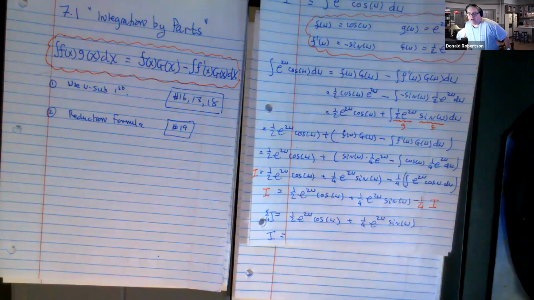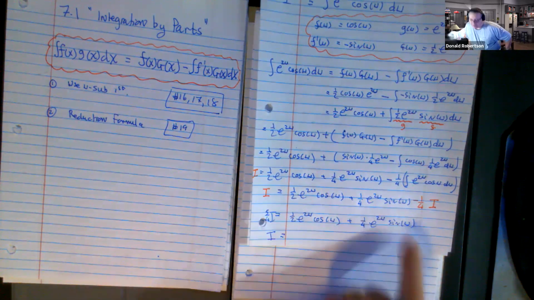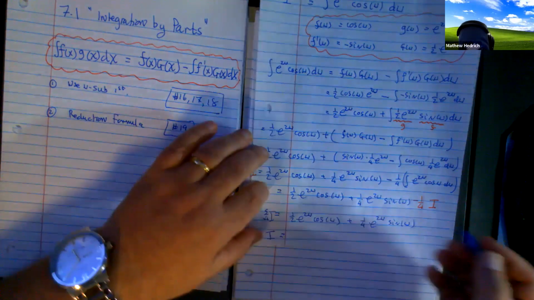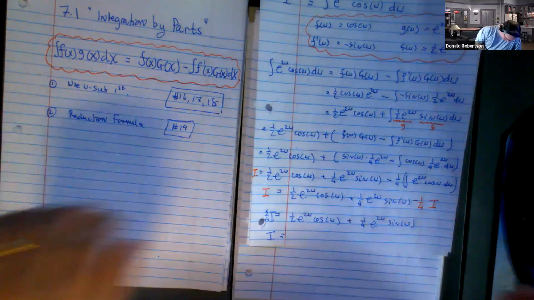How do I find I, the integral I was trying to get right at the start of this question? I know what 5/4 I is equal to, but how do I find I? Multiply both sides by 4/5. Okay, divide both sides by 5/4, which means multiply by 4/5.